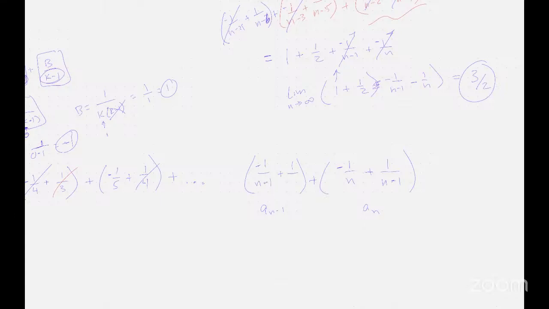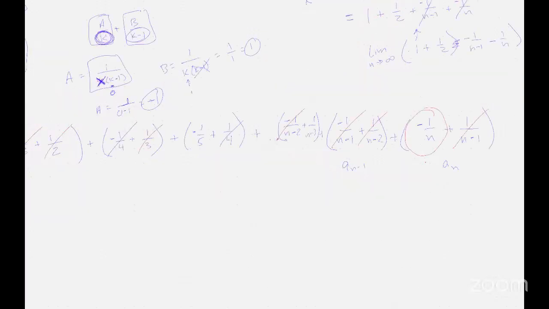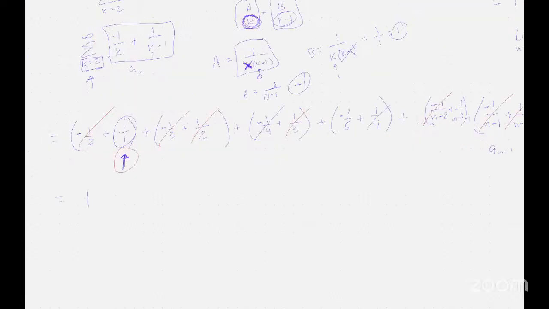And the one before that was negative 1 over n minus 2 plus 1 over n minus 3. You can see what cancels here too, and so on all the way back. So 1 and negative 1 over n are left over. That's my S sub n, my nth partial sum.